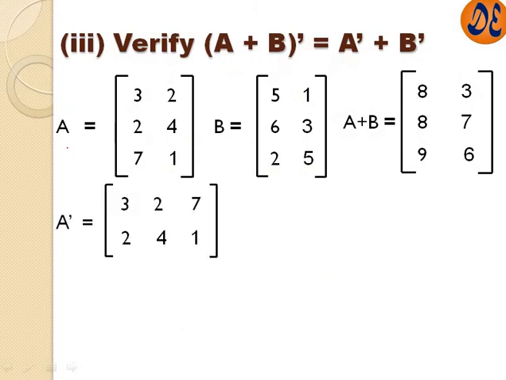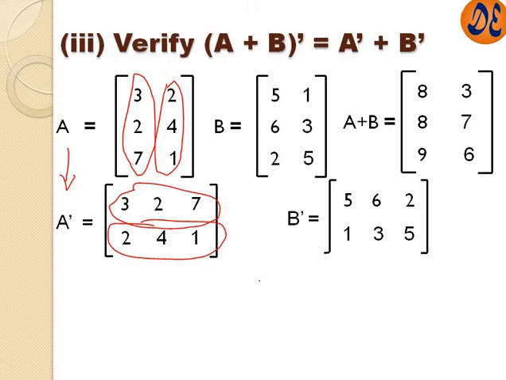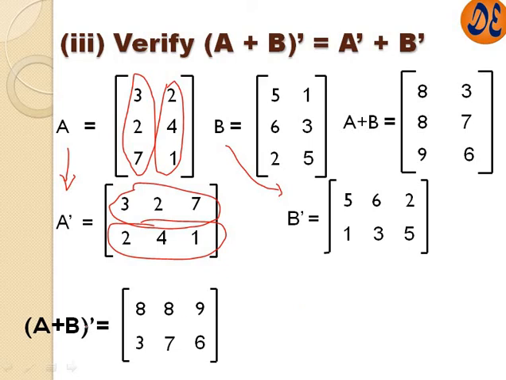Next, we have transposed the matrix from A to A dash. Here again the column becomes the row. This column becomes again row number 2. Similarly, B is also transposed. Here we do not need much clarification.